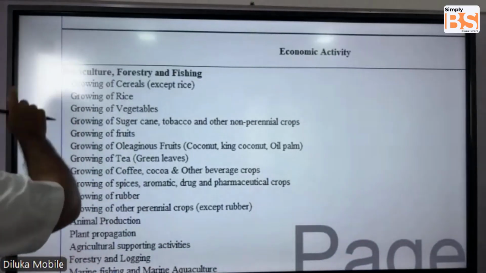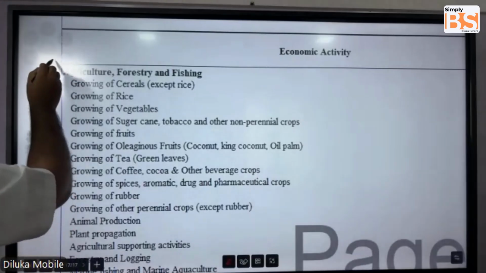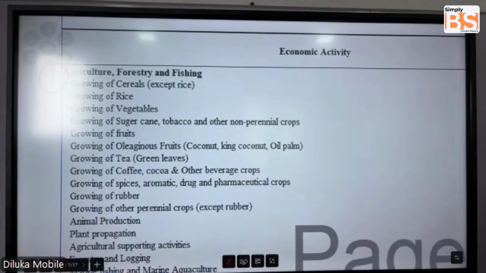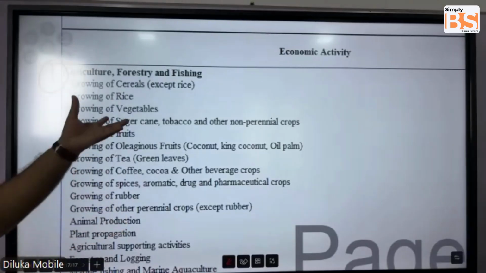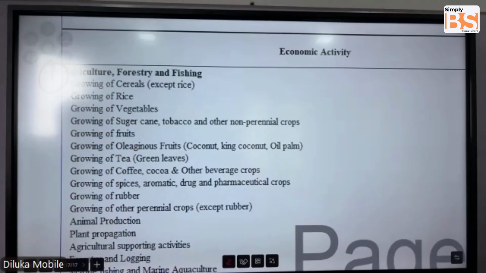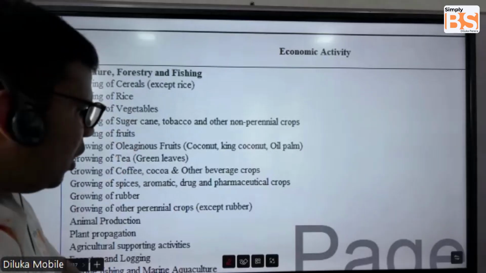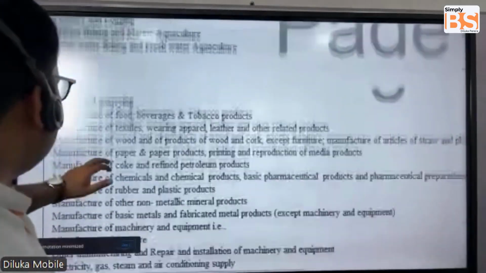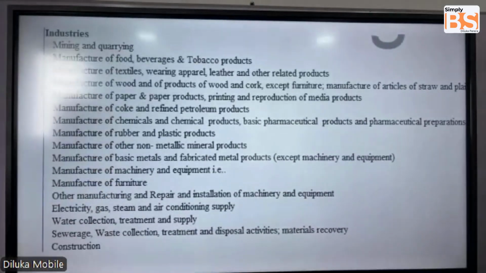Based on the sector, you have number one, agriculture, forestry, and fishing. Of course, Amanda's business will not go into this. They are not into agriculture, farming, forestry, or fishing. They are into a fast food outlet. The second is industries.